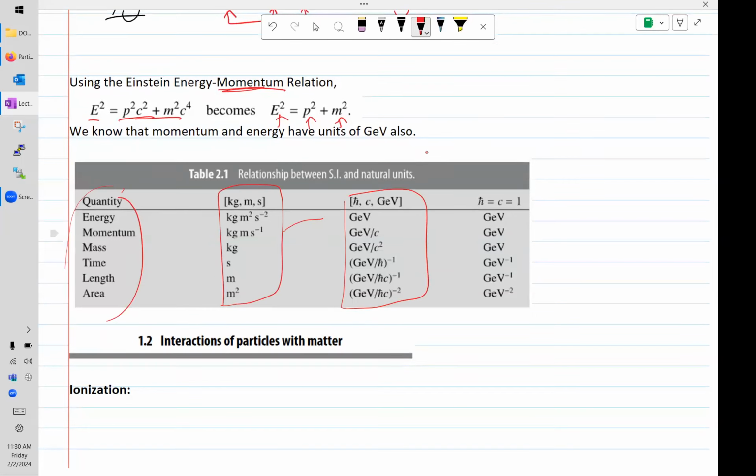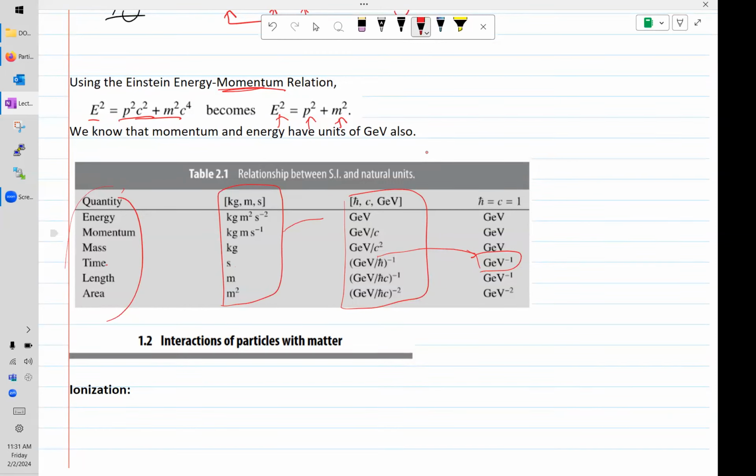So if you want to convert time from seconds to inverse GeV, you just basically divide by h bar. Divide by h bar, and that'll get you that conversion, and that'll leave you with GeV to the -1 power.